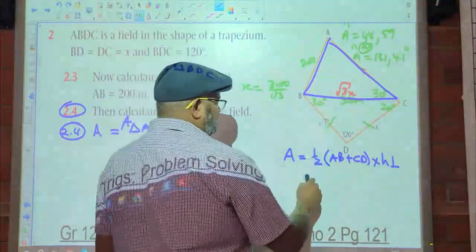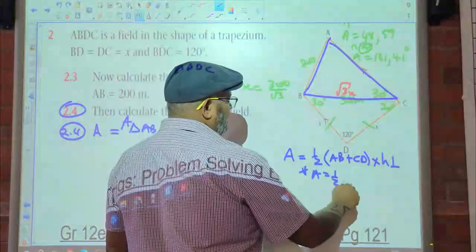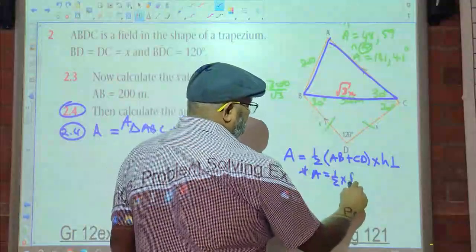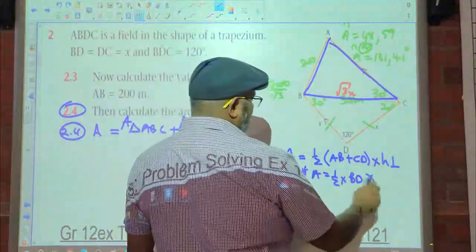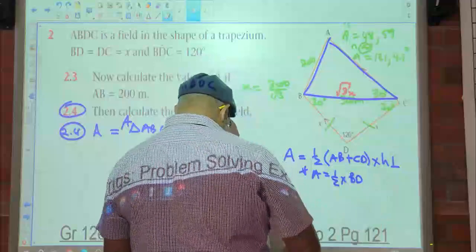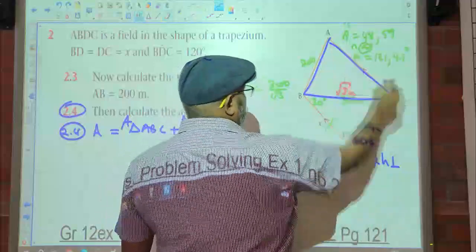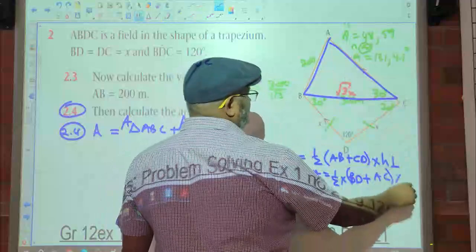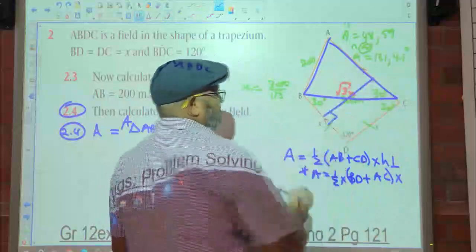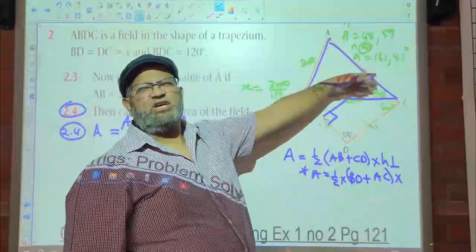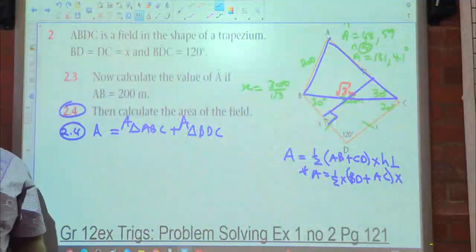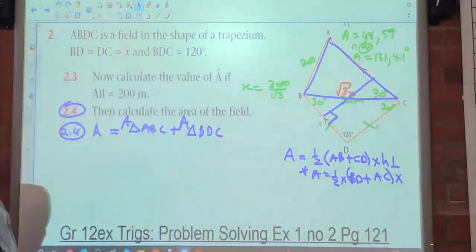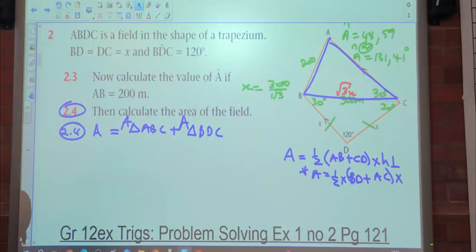Here that would be half times BD, which I do have, I know what X is, plus CD, which is AC, times the perpendicular height. But I don't have the perpendicular height, and I don't have AC. Otherwise, you can calculate AC and the perpendicular height, which is going to take quite a bit of calculation. So we rather just go with breaking the area up.